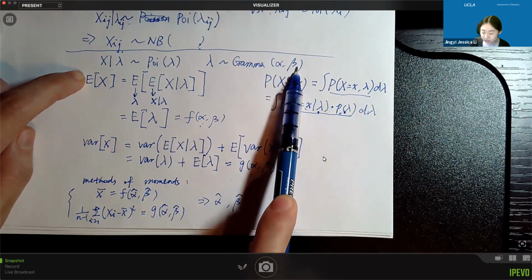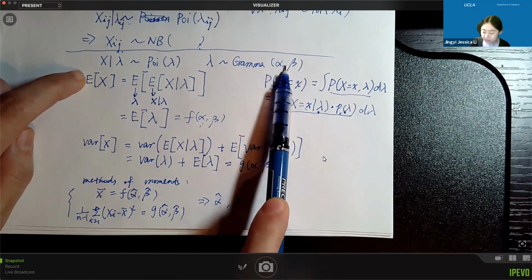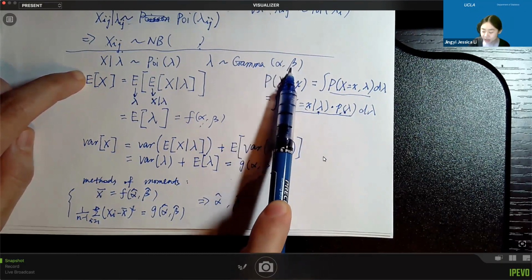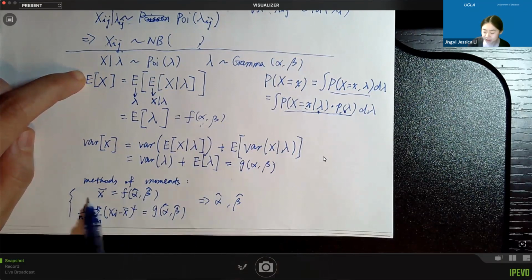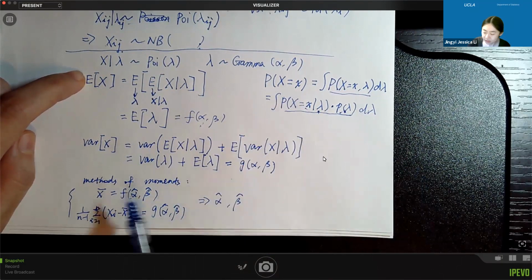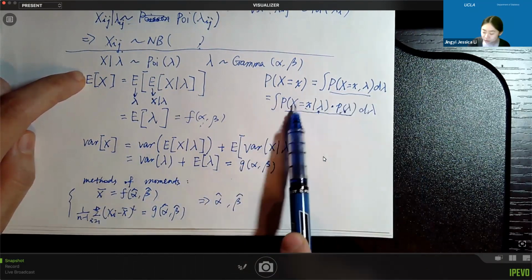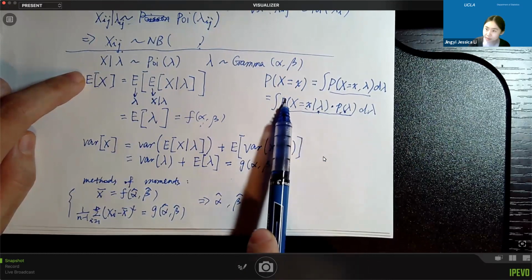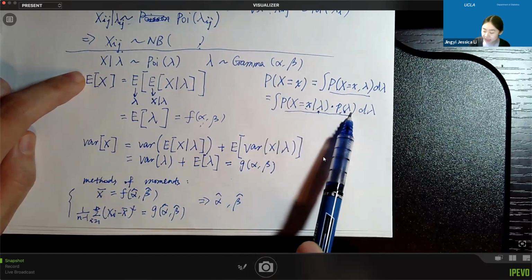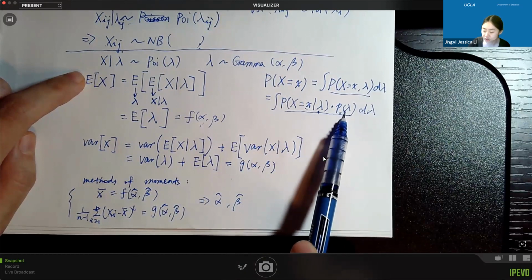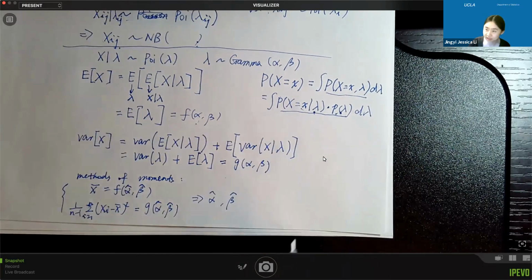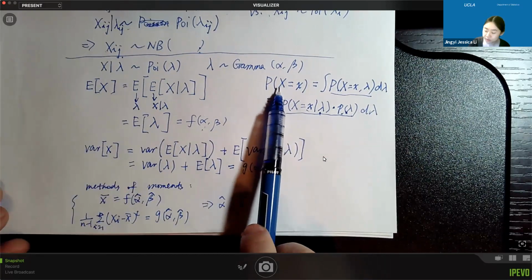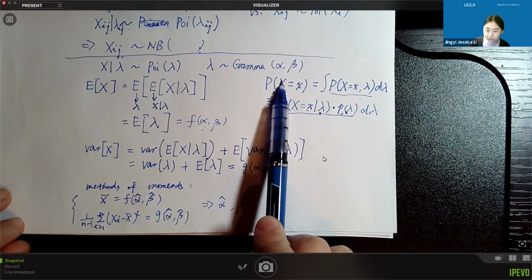And you can correspondingly find the estimates of alpha and beta using the method of moments I gave you here. But moreover, you can also, if you are able to do this integration by writing down the Poisson probability mass function and the gamma probability density function, multiply them, and integrate over lambda, get this marginal probability mass function for X, for the counts.